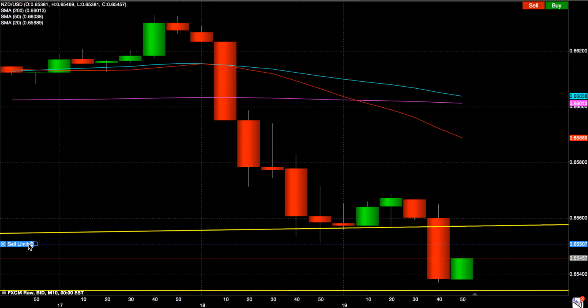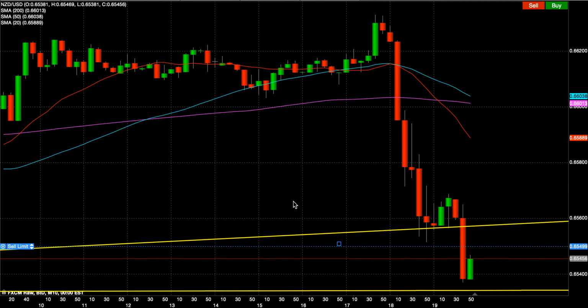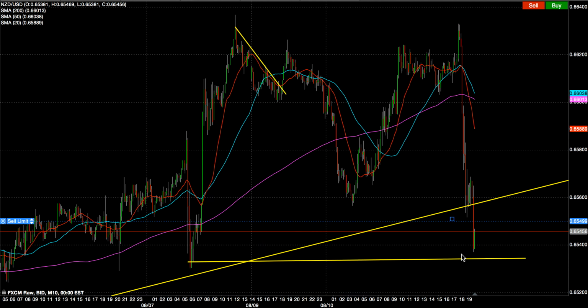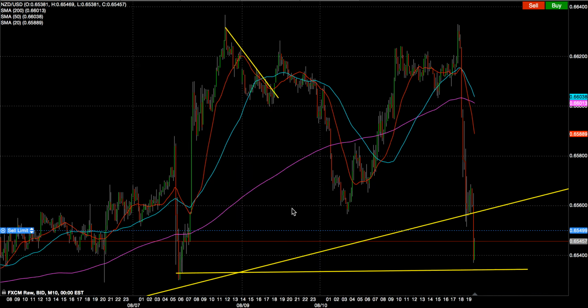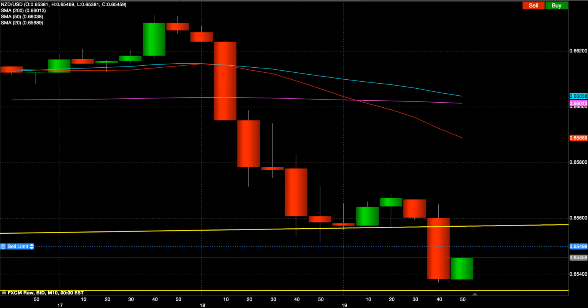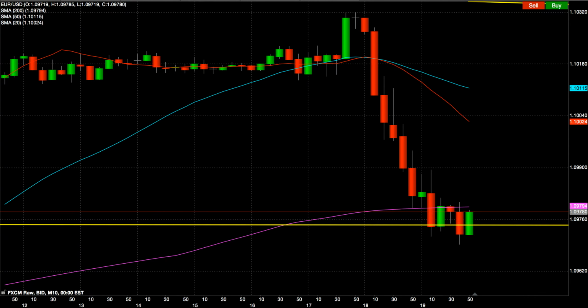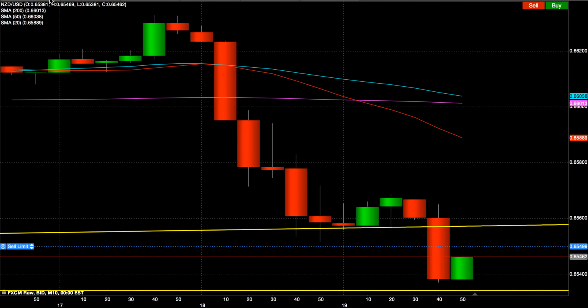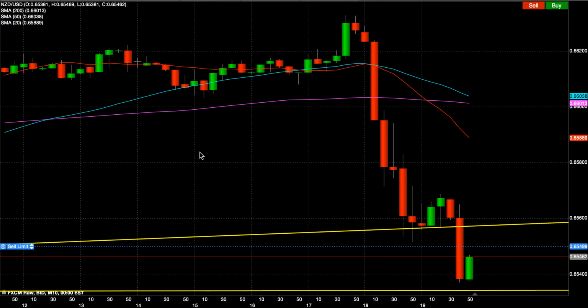So I want to make sure I get in this. Let's go 65499. I'm really liking this trade here. That's the euro dollar back to New Zealand dollar.